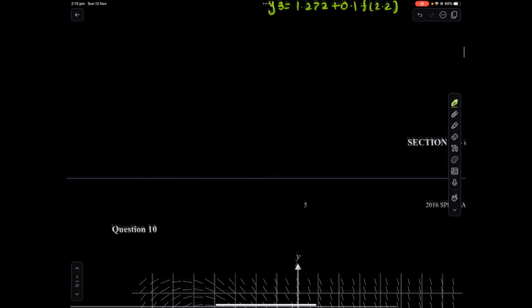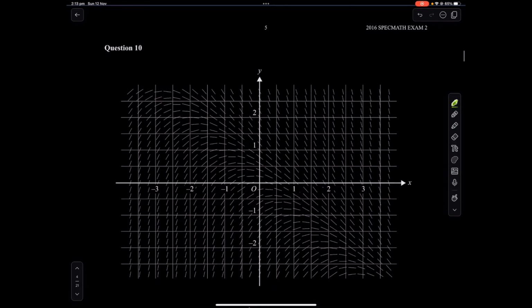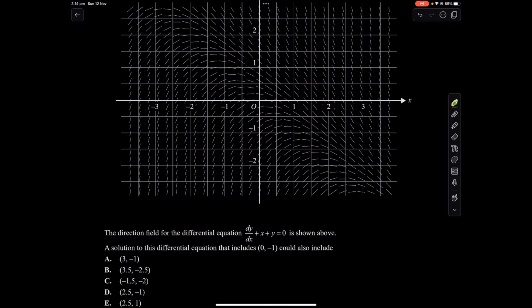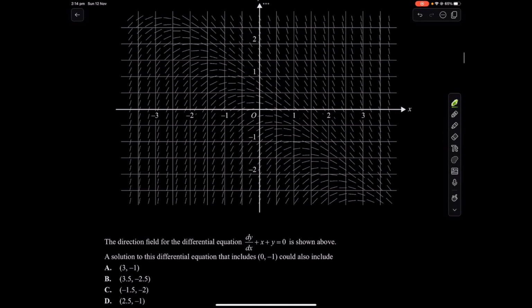Nice. Question 10. Ooh, differential equations. The directional field for the differential equation dy/dx is shown above. A solution to this differential equation that includes (0, 1) could also be what? Okay, let's look at that point, (0, 1). So (0, 1) is this point over here.